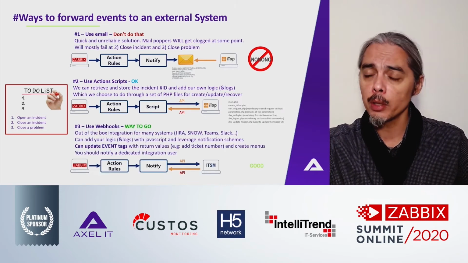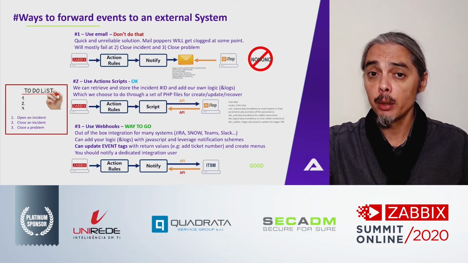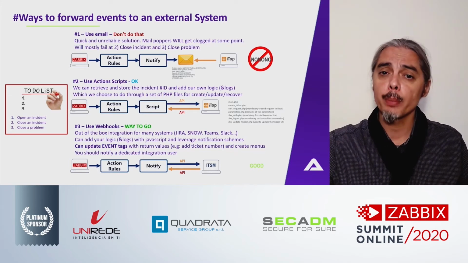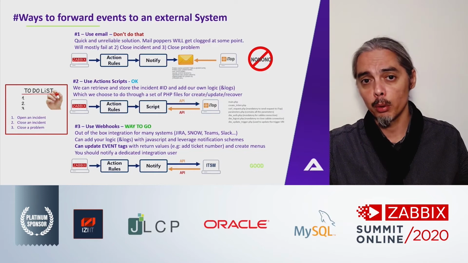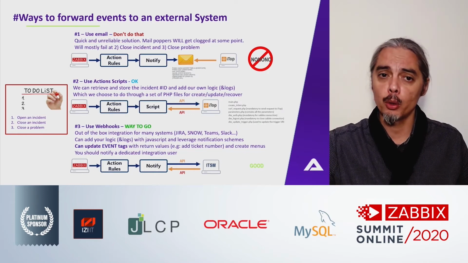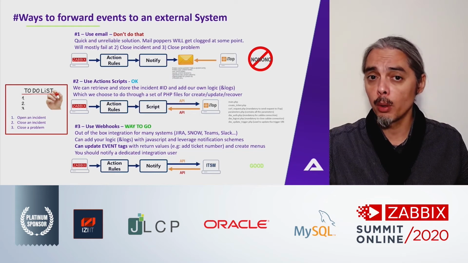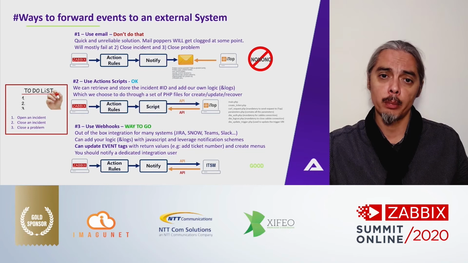So right now, starting from, I think, 4.4, but definitely in 5, you do have webhooks, and webhooks are the way to go. They are out of the box. You are still able to add your own logic, control logic, or escalation logic within the webhook. It will also allow you to have easily consumable logs of what's happening.